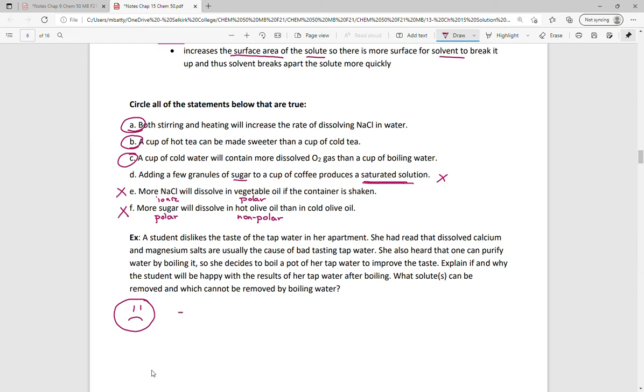So basically what she's going to do is concentrate the things dissolved in her water. Specifically, she's going to concentrate those calcium and magnesium salts.